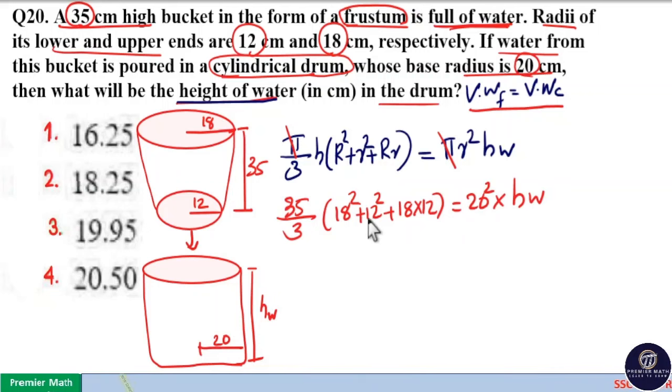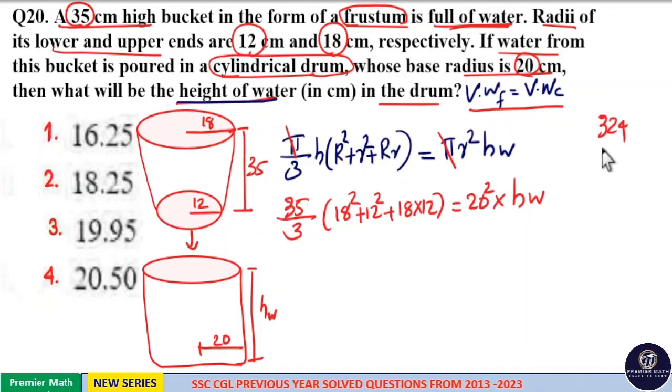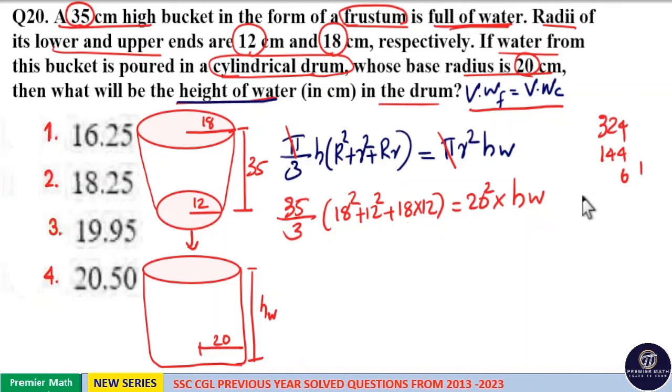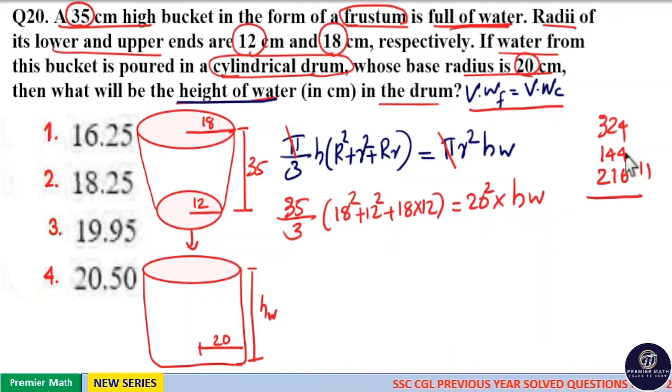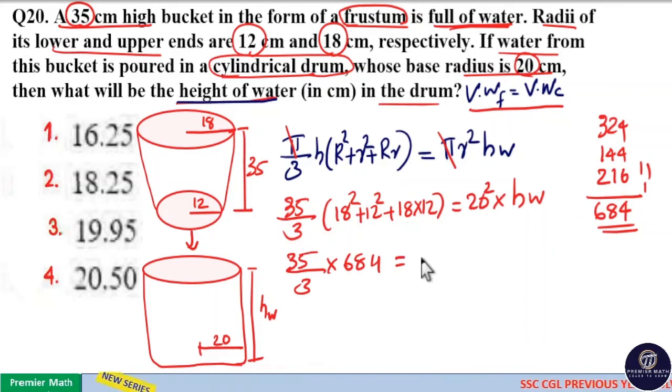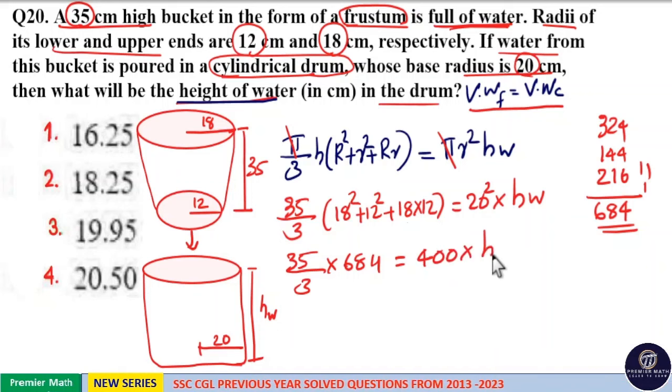Now, 18 square is 324, 12 square is 144, 18 into 12 is 216. So, the sum is 684, which is equal to 35 by 3 into 684 is equal to 20 square is 400 into height of water.